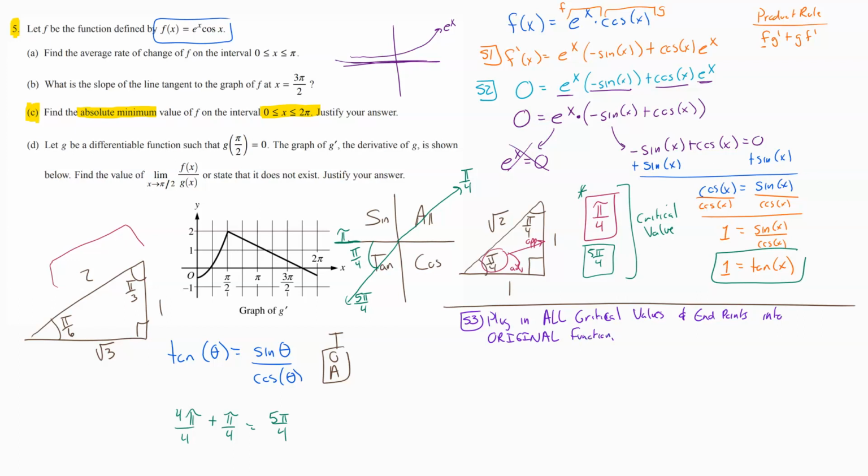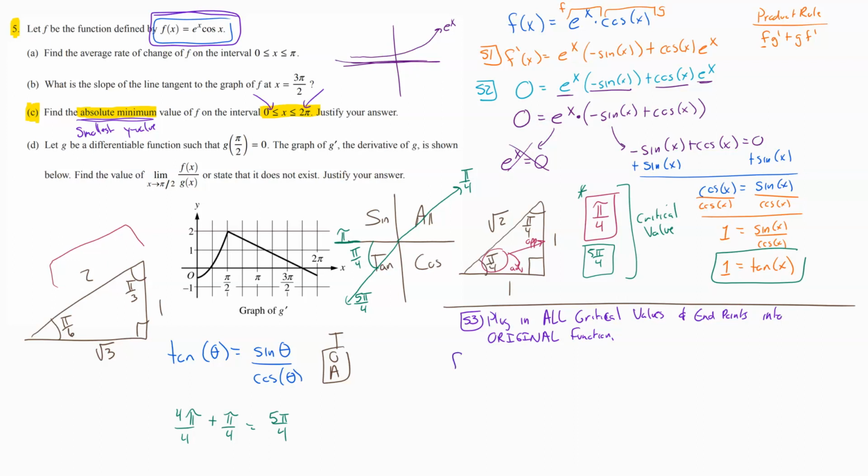So on this one, our endpoints of our interval are 0 and 2 pi, and we're plugging everybody back into the original function. And from that list of values, because we're looking for the absolute min, whichever one is the smallest y value is going to win that absolute min award.